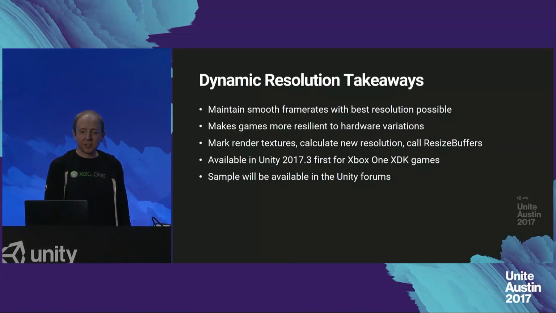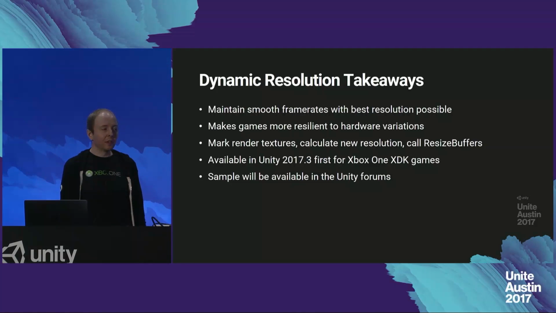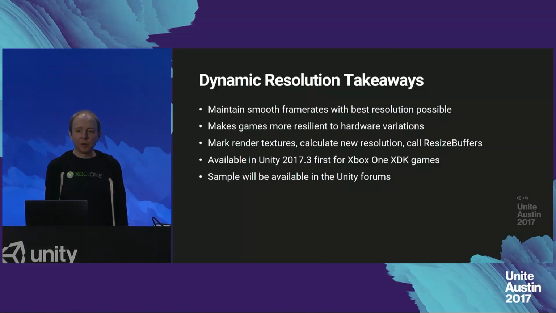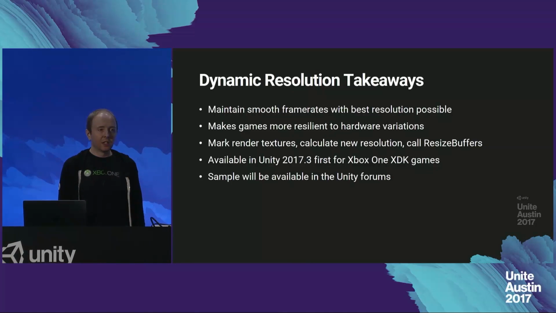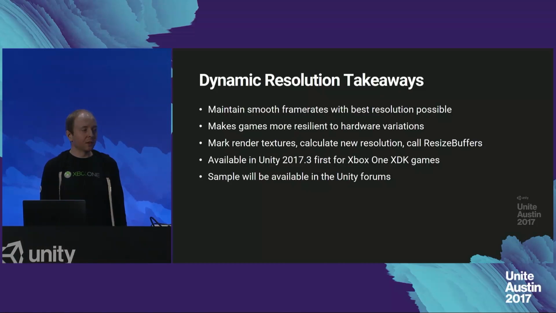So to sum up this section, before I hand it back to Charles, dynamic resolution helps you to maintain smooth frame rates with the best resolution possible at any given moment. It makes your games more resilient to hardware variations and better able to take advantage of the power they have available. Implementing it is largely a matter of marking the right render textures, calculating the new resolution for each frame, and then calling resize buffers.